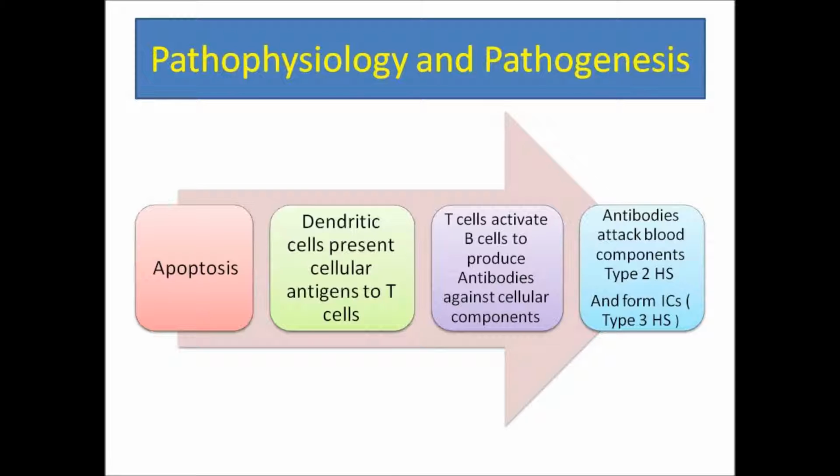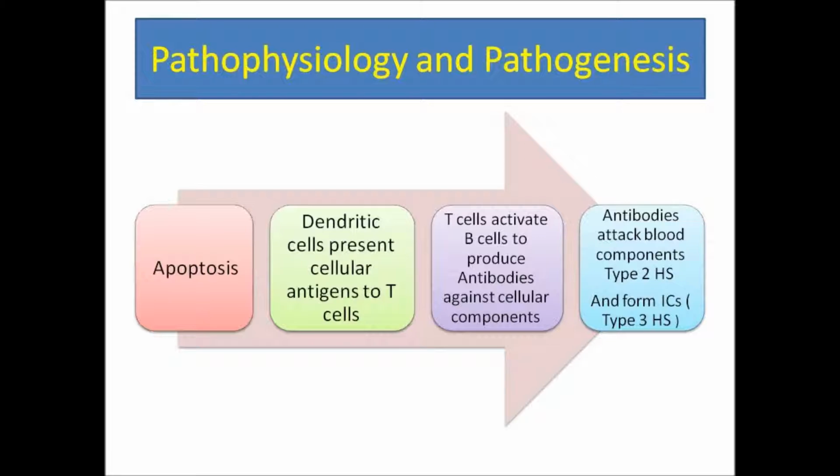When there is apoptosis, cellular fragments will be taken by dendritic cells. I'm talking about SLE patients. These dendritic cells will process these fragments into antigens and then present these antigens to T lymphocytes.